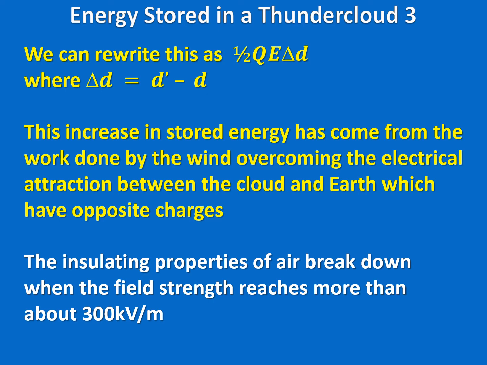So at fields below that, you have the air acting as a dielectric, so it's not allowing the transfer of charge between them. But if the field strength increases due to a different type of thundercloud situation where you have a higher field, then we'll have charge discharging from the cloud to the ground.